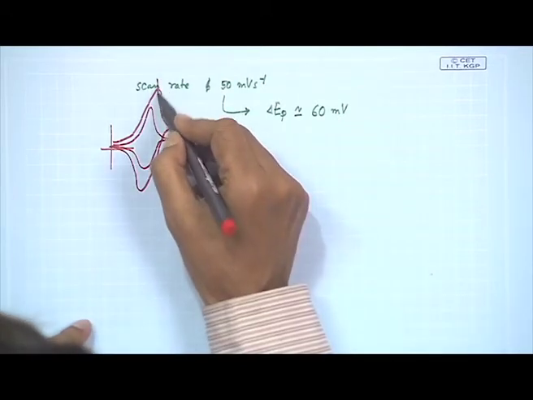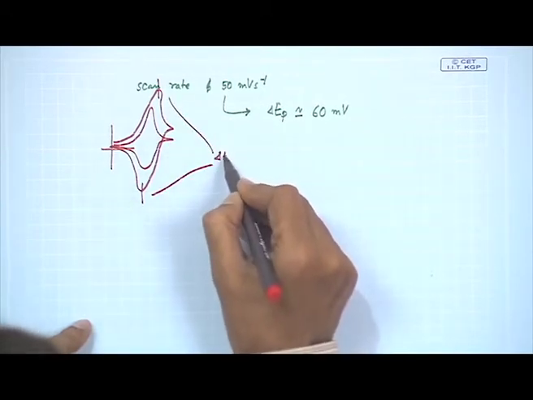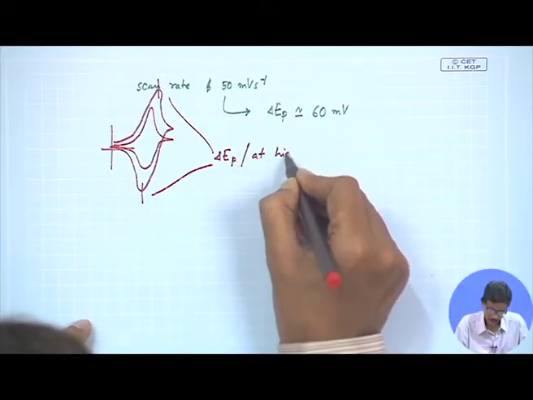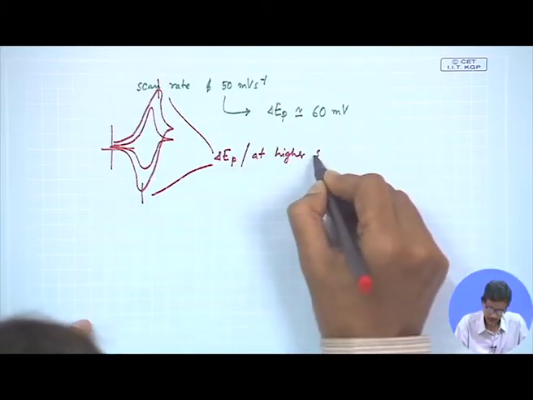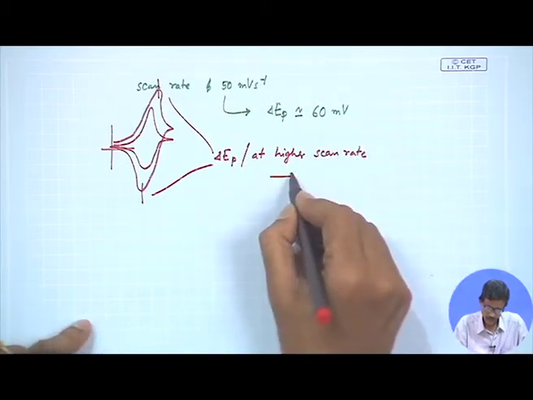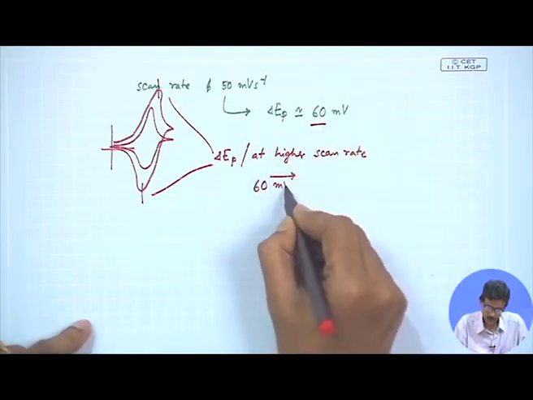So, this and this will tell you the corresponding delta EP value at higher scan rate, and it is going beyond that magnitude of 60 millivolt.